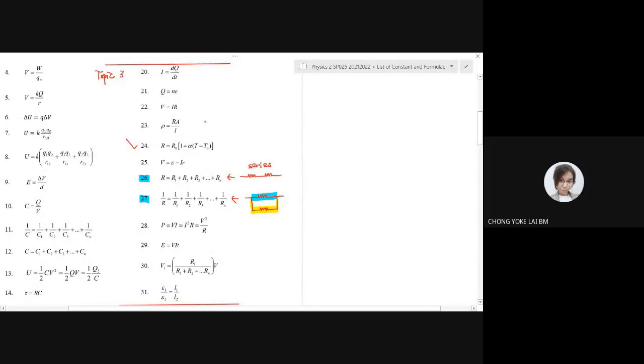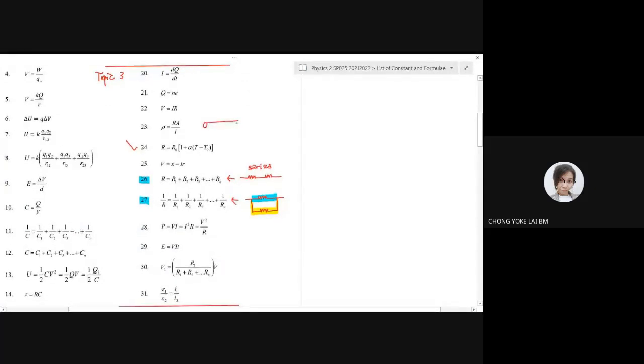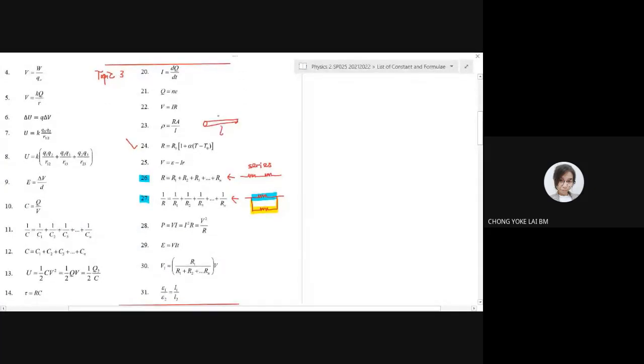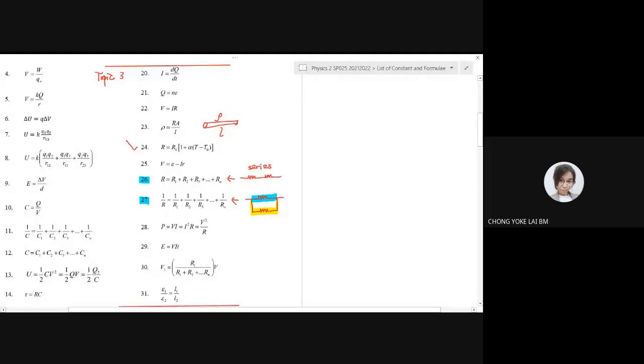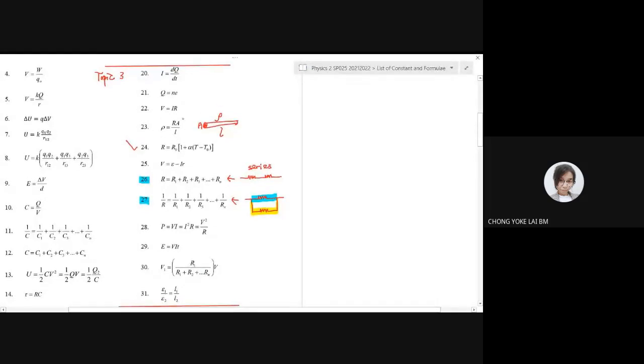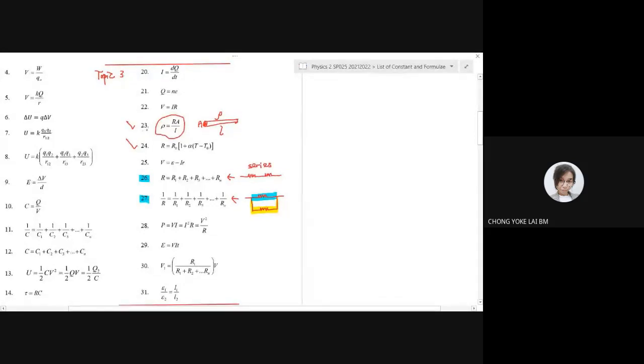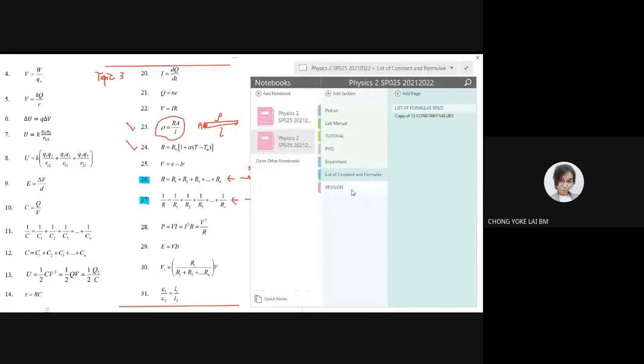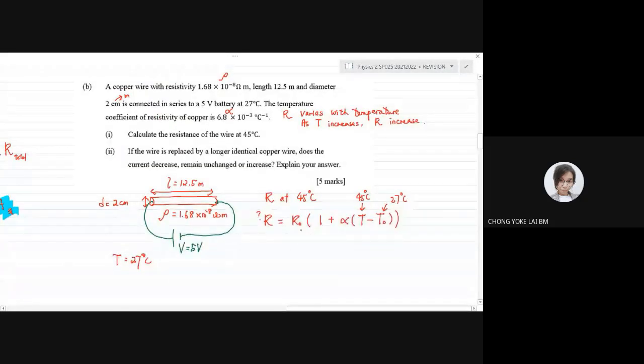For any wire of length L with resistivity rho, cross-sectional area A, kita boleh relate dengan resistance gunakan equation 23. Resistivity is RA over L. So, kita tahu kita boleh cari nilai resistance R naught ni gunakan equation tersebut lah.